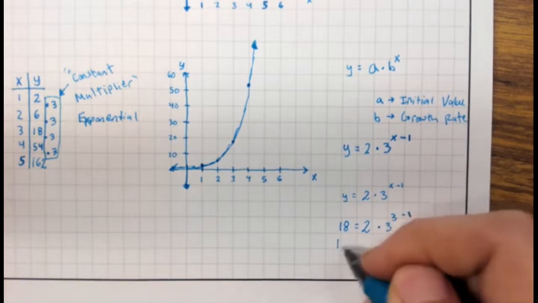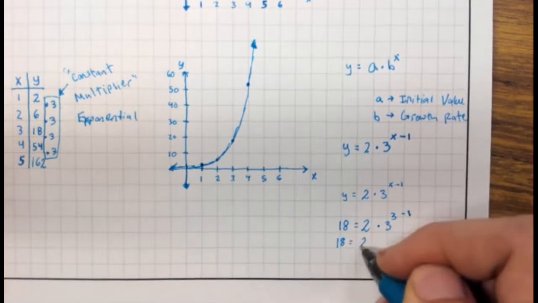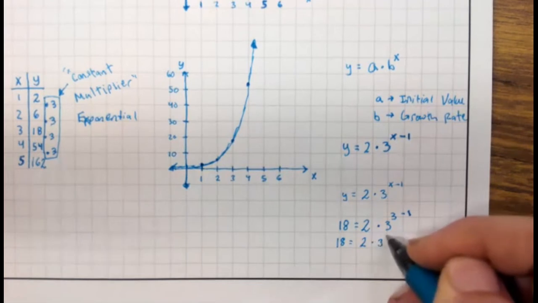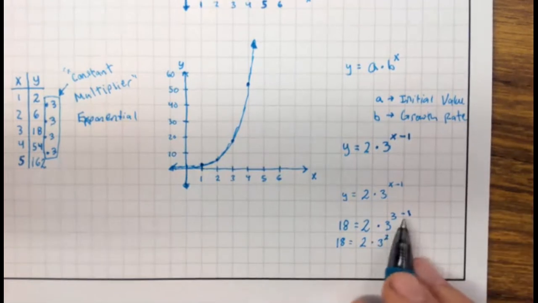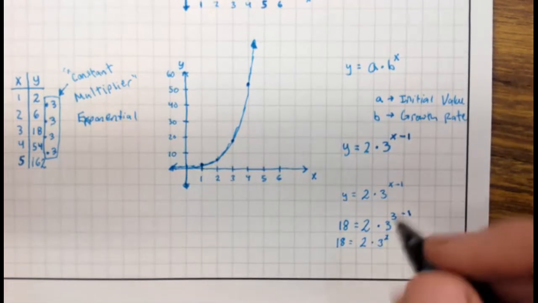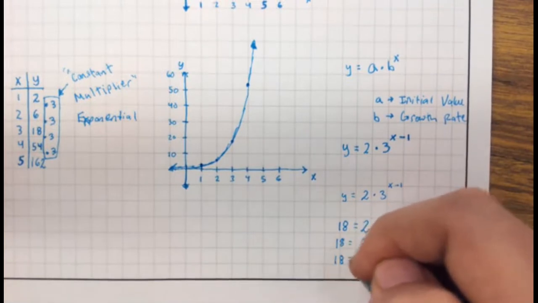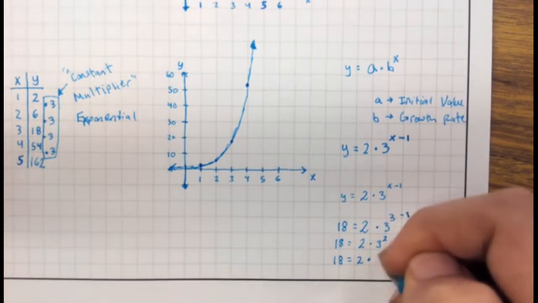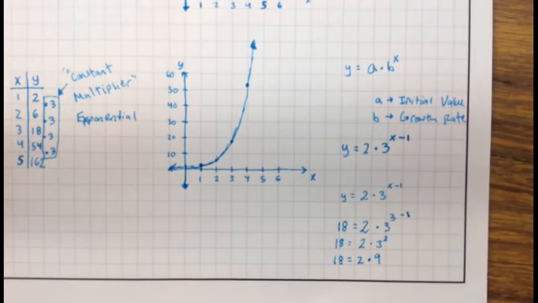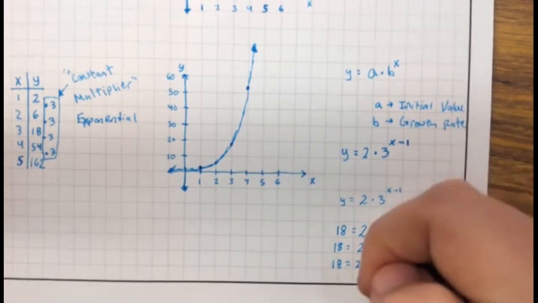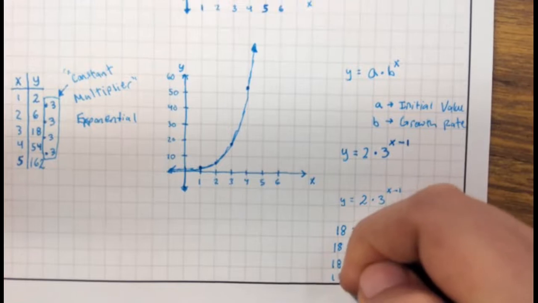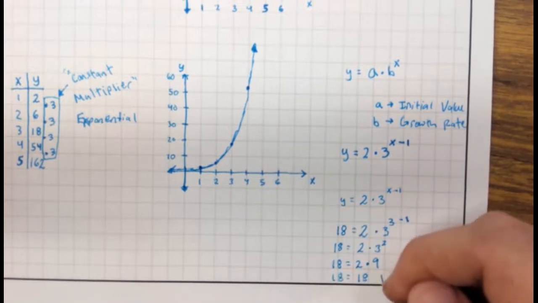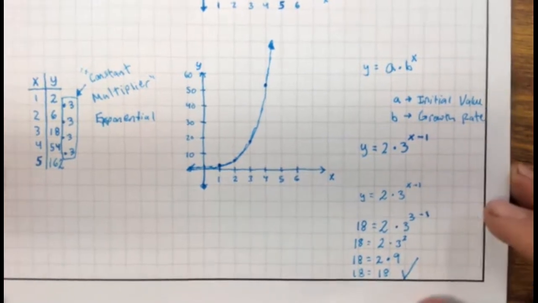So we can go about simplifying this now. 18 equals 2 times 3 to the power of 2. So I just simplify my exponent: 3 minus 1 is 2. 18 equals 2 times 9, because that's what 3 squared is. 3 squared is 9. 2 times 9 then is 18. 18 certainly does equal 18, so our expression works out just fine.